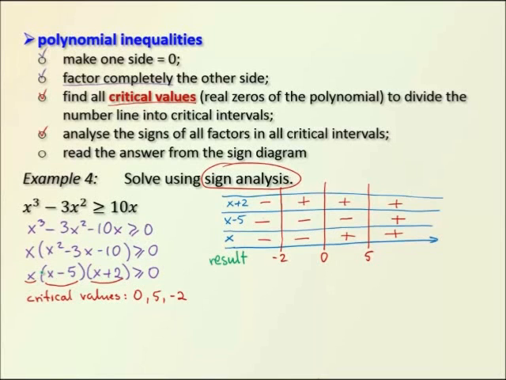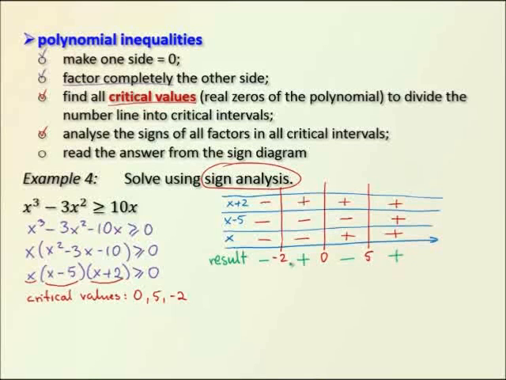Since our polynomial is a product of those three factors, then we are really multiplying the signs in each interval. So 3 negatives becomes negative, 2 negatives makes it positive, 1 negative, negative, 3 positive, positive. So we know how the entire polynomial behaves itself on the number line.